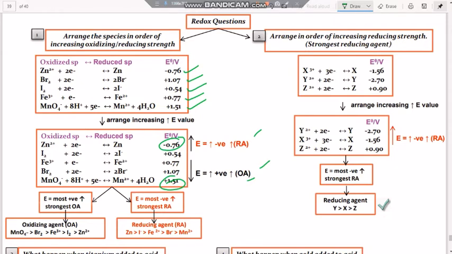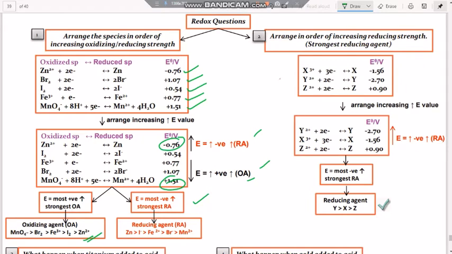So E most positive is a strong oxidizing agent and E most negative is a strong reducing agent. That's why we arrange like this: manganese, permanganate, bromine, Fe3 plus, I2, Zn2 plus. If we want the reducing agent arrangement, then zinc will be the strong reducing agent and it will be reversed.